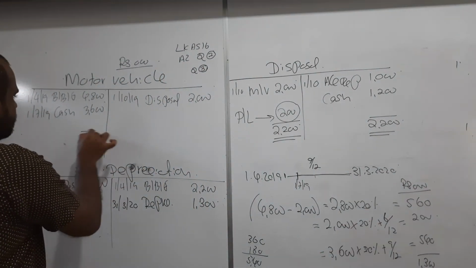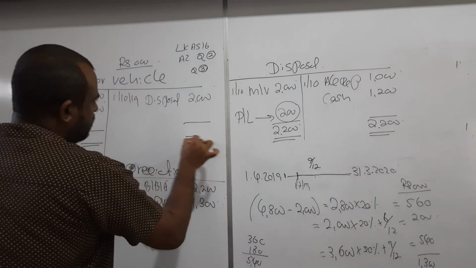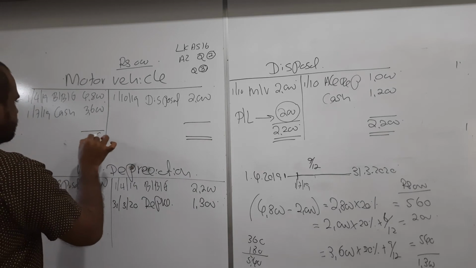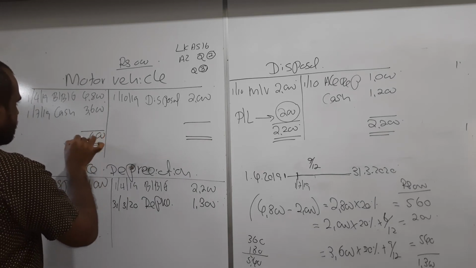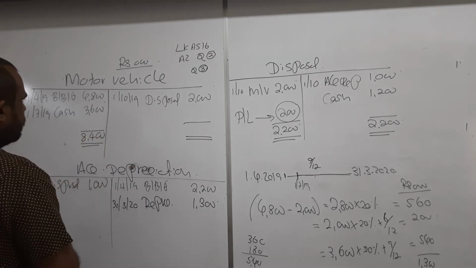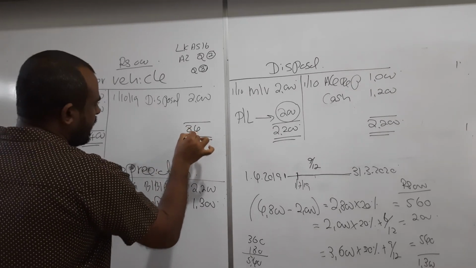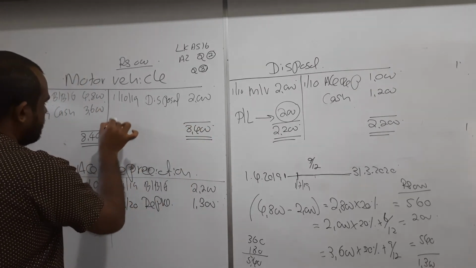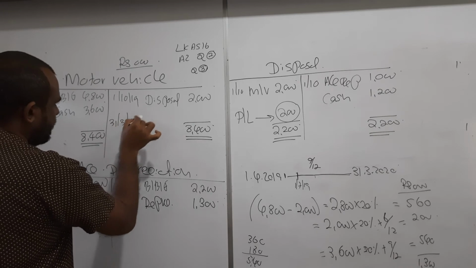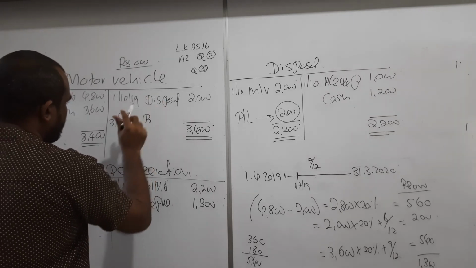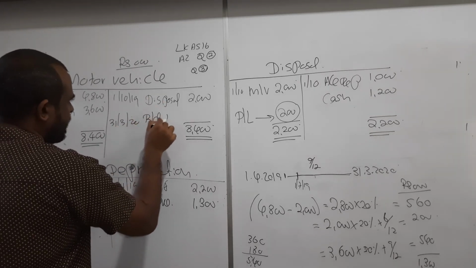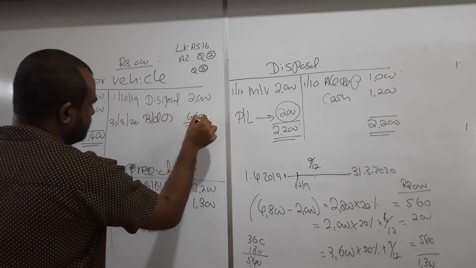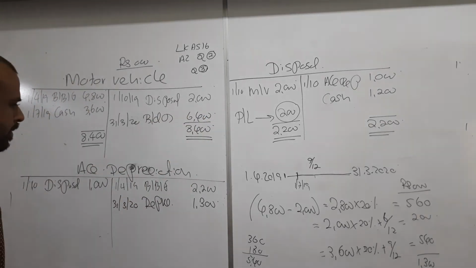Right. Okay. Now the motor vehicle account, you calculate 8,400,000, then 31st March 2020, balance carried down 6,400,000.